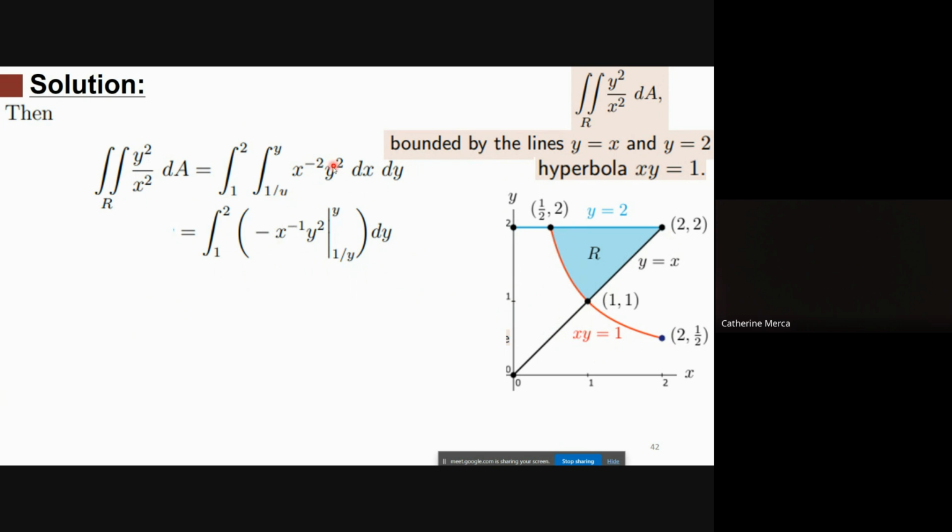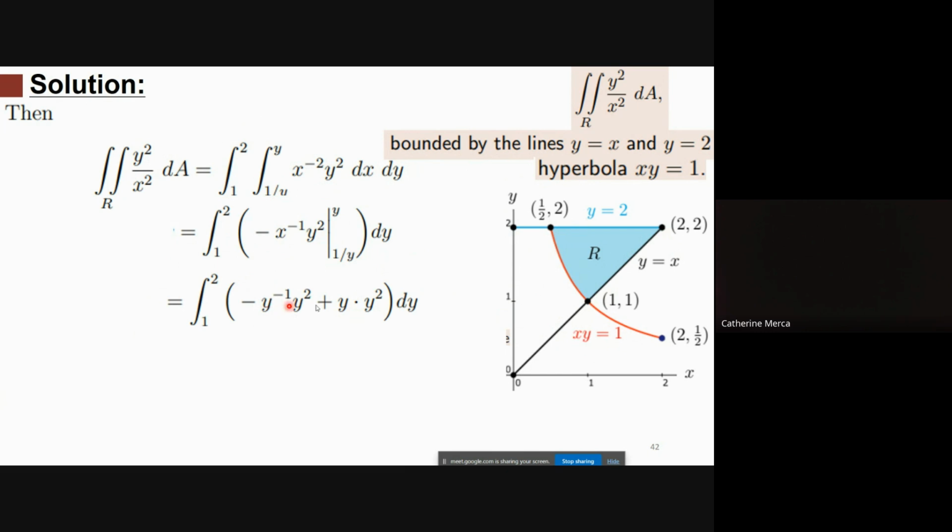Then y squared is considered constant. Remember, we evaluate with respect to x, so you change this to y. So you should have negative y to the negative 1, then minus of minus becomes plus. This x becomes 1 over y, so that's y because it's negative 1 there, times y squared dy.